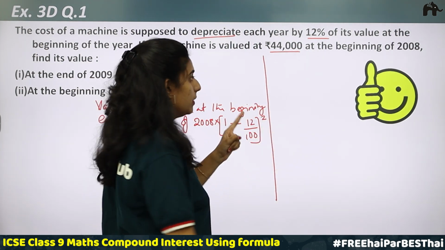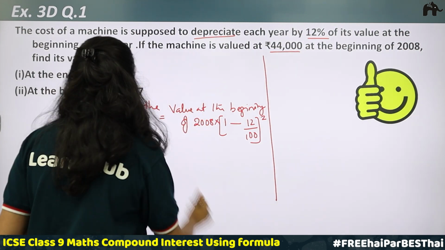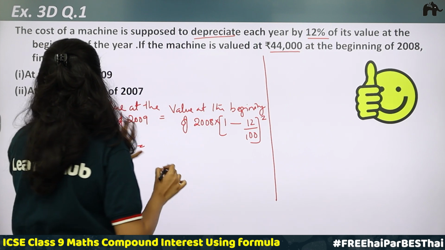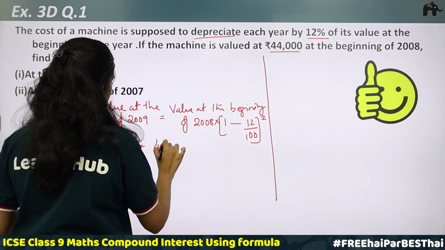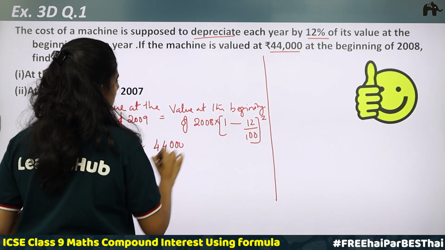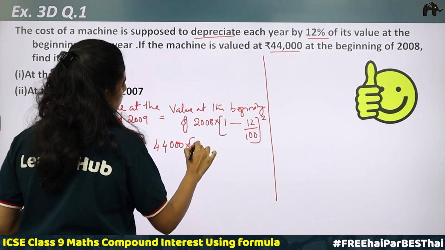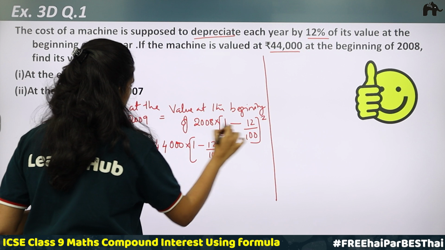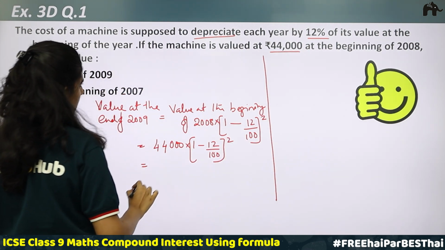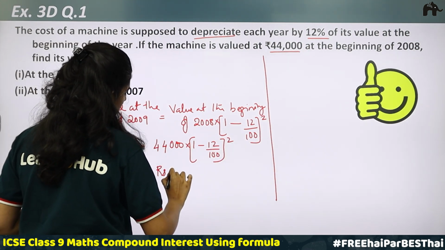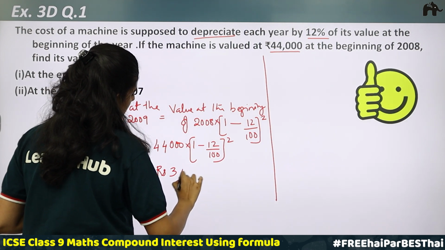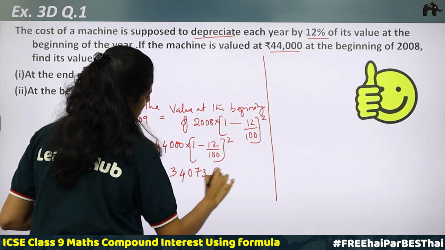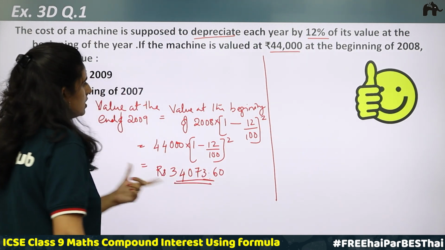Here the n value will be 2 because 2 years. So value at the end of 2009 we have to find. Value at the beginning of 2008 is 44,000 into 1 minus 12 divided by 100 whole square. When you calculate this, you will be getting rupees 34,073.60. Okay, so this will be the amount.